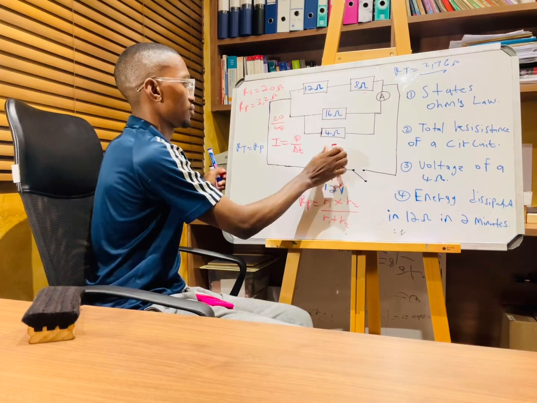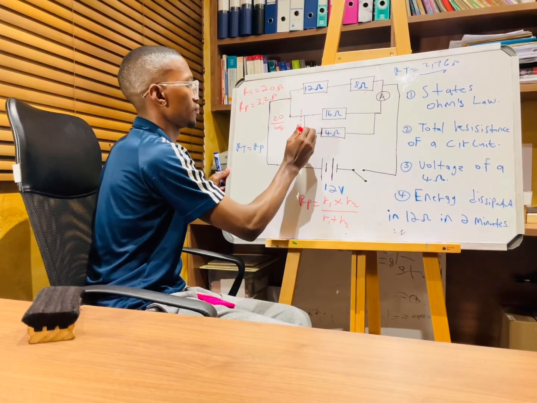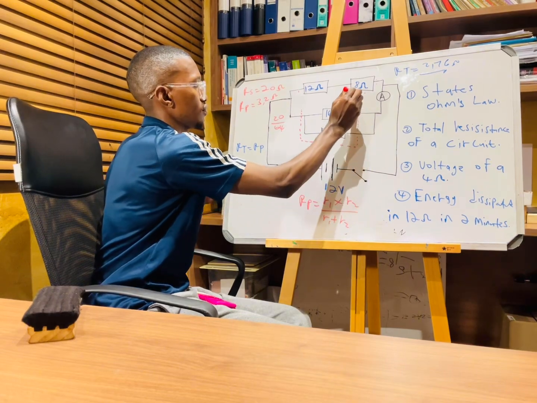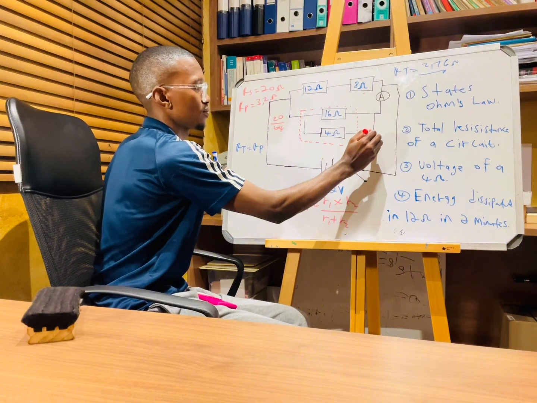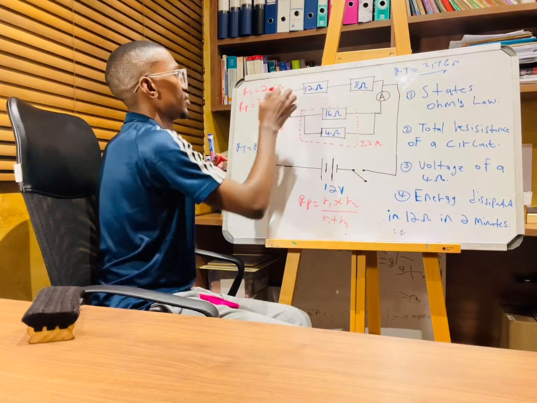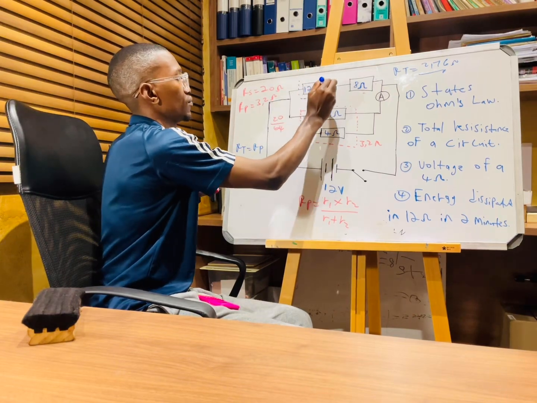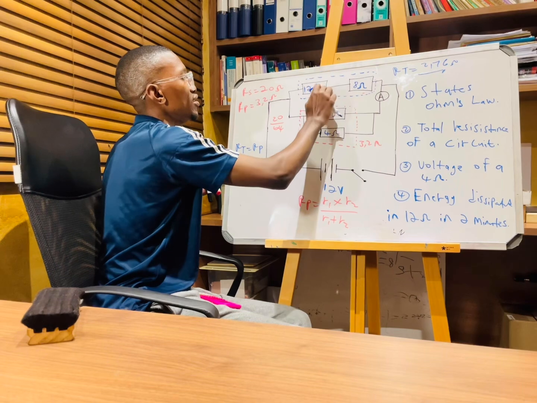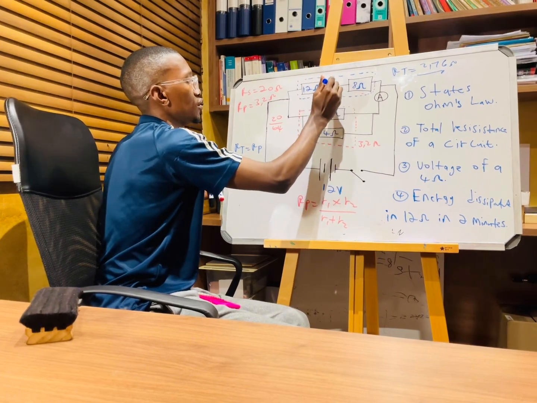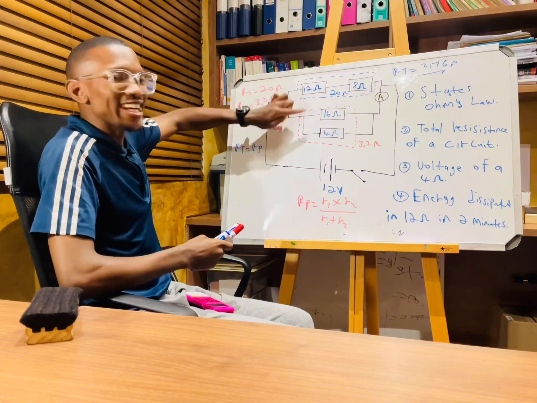Remember, this one was 3.2 ohms. And this one, I'm going to do it with a blue marker, is 20 ohms. So these two are in parallel.